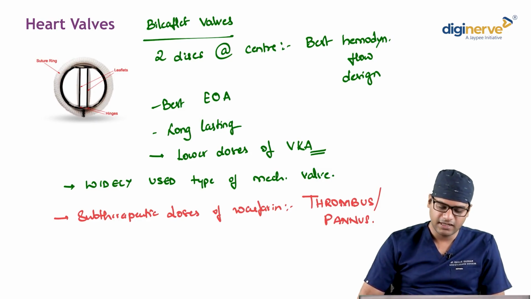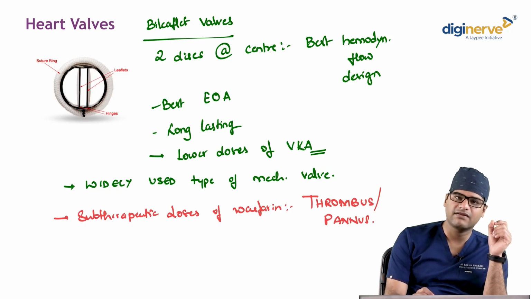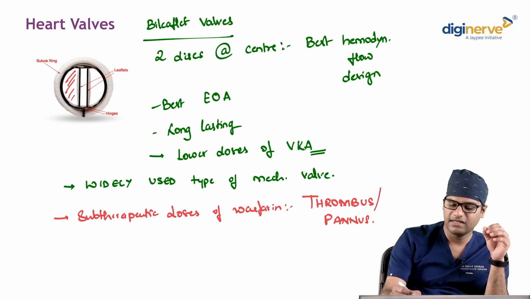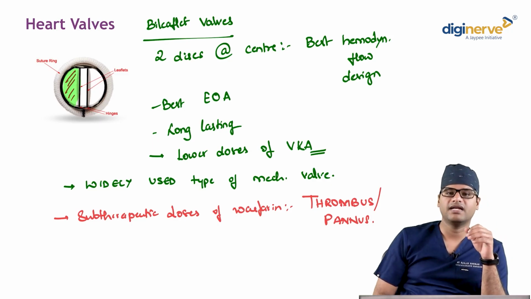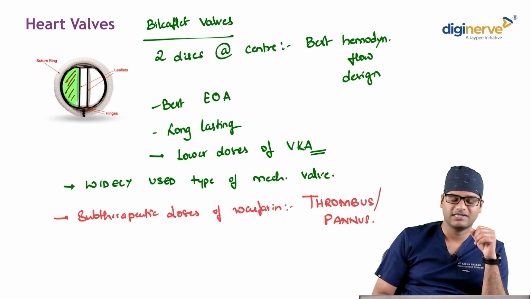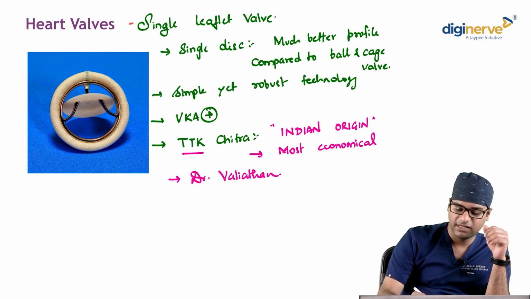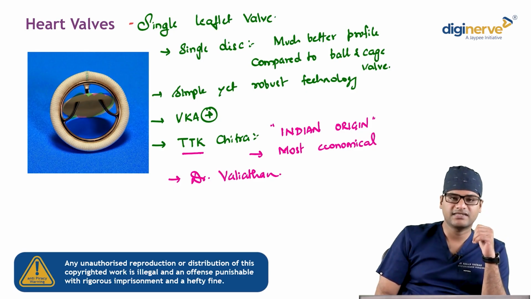One of the other advantages, especially in a very narrow annulus, is that in a bileaflet valve, even if one of the leaflets chokes, the other leaflet is functioning well while the patient can come and get some solution at the hospital. However, when you consider a monoleaflet valve, the moment this chokes, it's actually a death sentence for the patient.